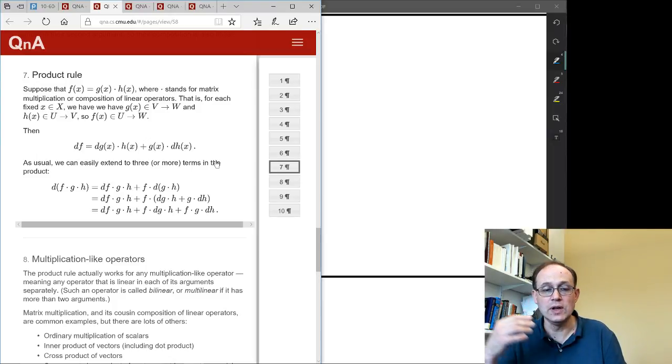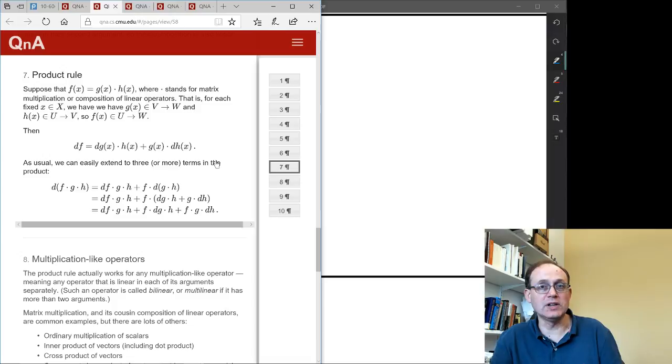That should be a familiar form for the product rule because it looks very much like the scalar version. You can also extend it to three or more terms. D of f times g times h is df times g times h plus f times dg times h plus f times g times dh. So that's the version for matrix multiplication.